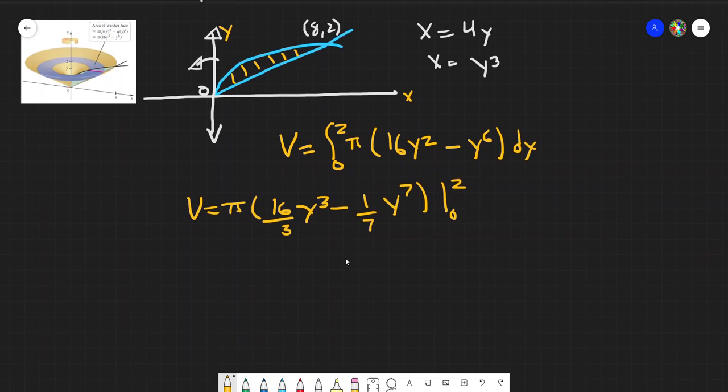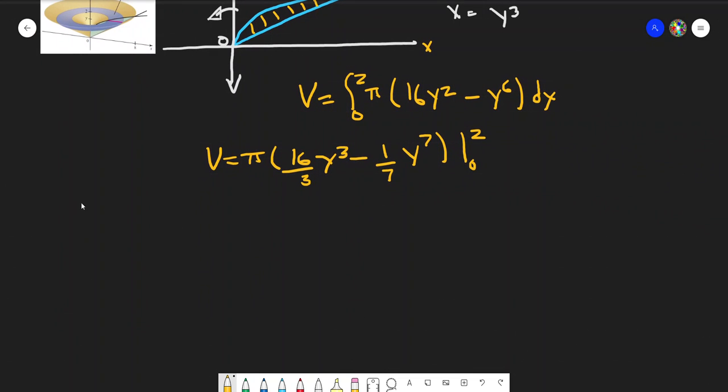This gives us pi times 16 thirds times 8, minus 1/7 times 2 to the 7th, and now we just need to reduce that.